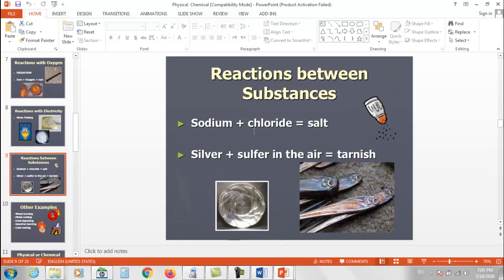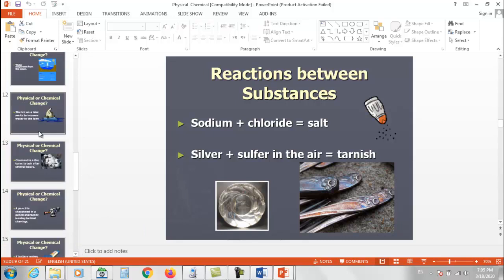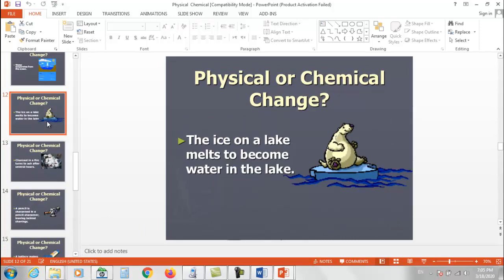Okay, sodium and chloride form salt. Okay, salt. All of you know salt. So any chemical reaction is considered a chemical change.